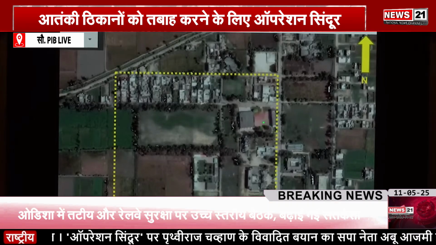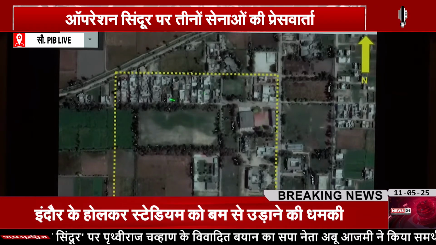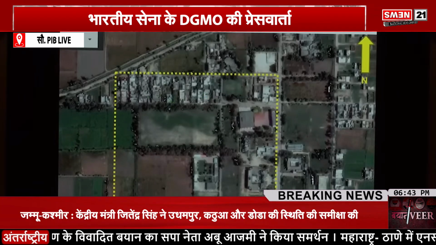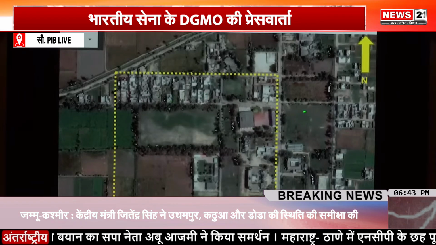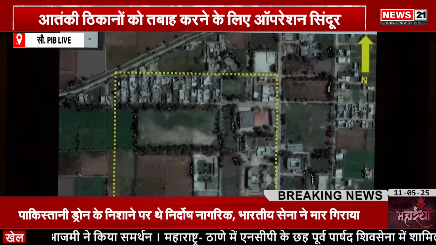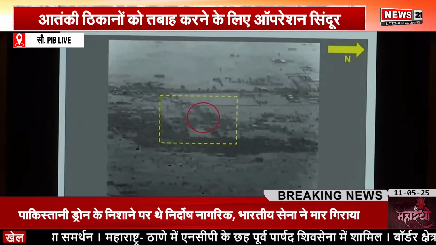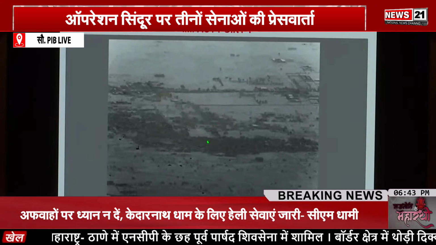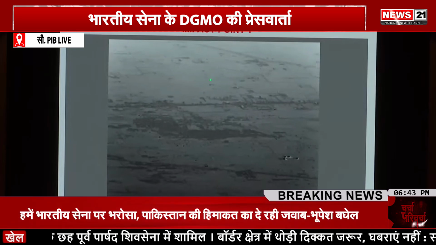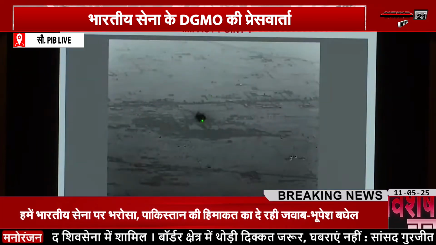Please have a look at this red building, the series of buildings out here, and this empty ground. Next. If you relate, the empty ground is here, and you see this is the first weapon that is impacting.